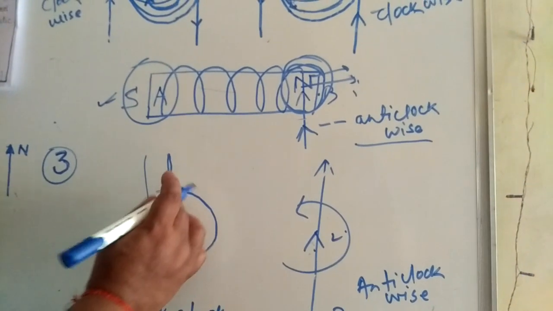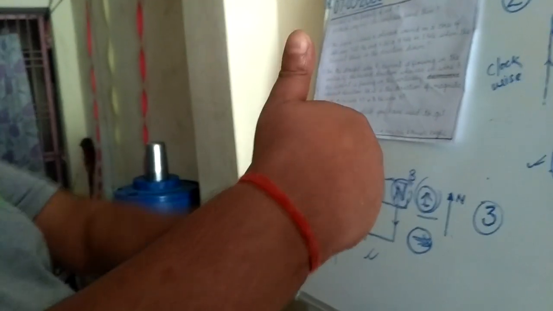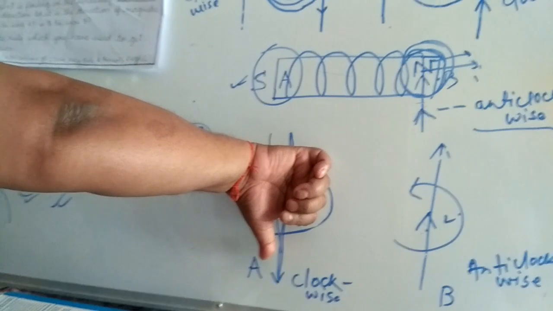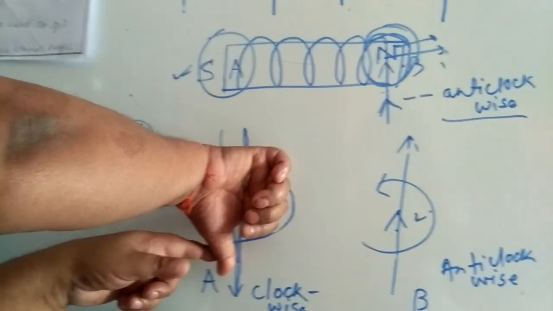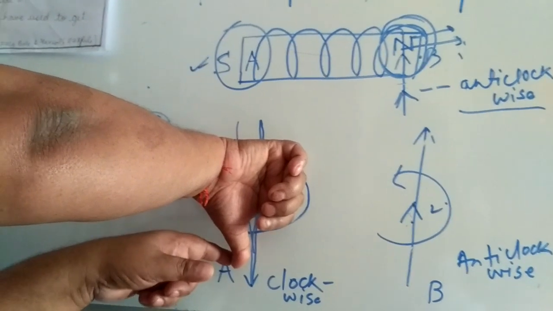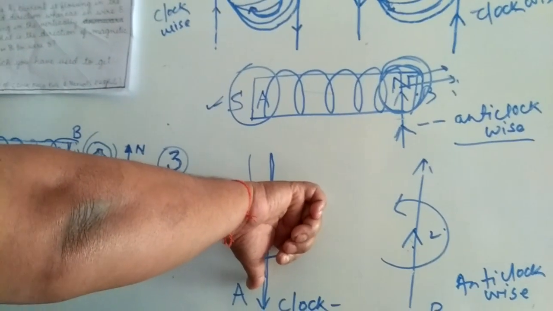When the current moves downwards, what do we see? The curling of the fingers is in a clockwise direction. This is the position of the Maxwell right-hand rule. My thumb shows the direction of the current, and the curling of the fingers shows the direction of the magnetic field.